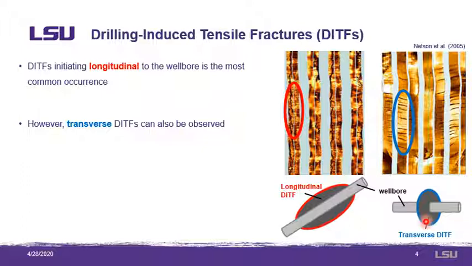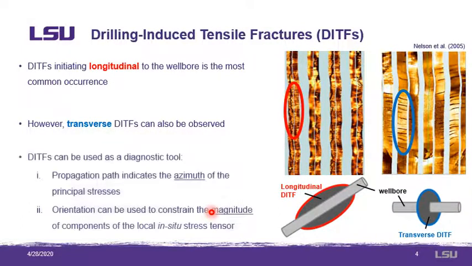Observations of drilling-induced tensile fractures from image logs has significant diagnostic value. The azimuth at which drilling-induced tensile fractures initiate is on the plane of SH max, and their orientation can be used to constrain the magnitude of SH max in the local in situ stress tensor.